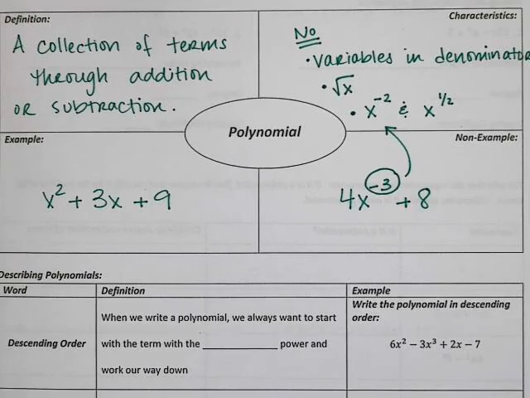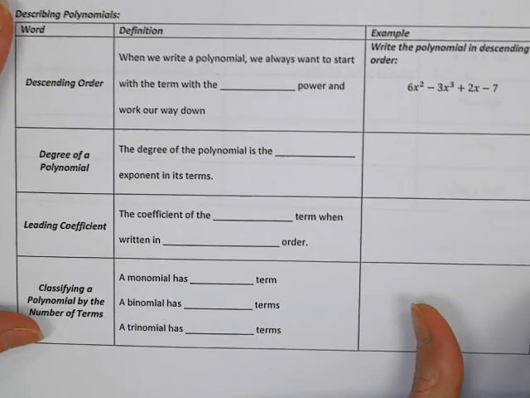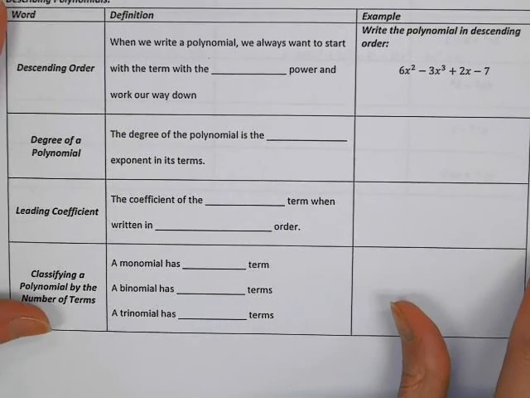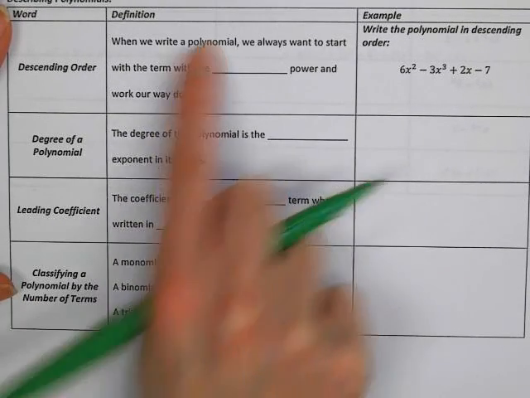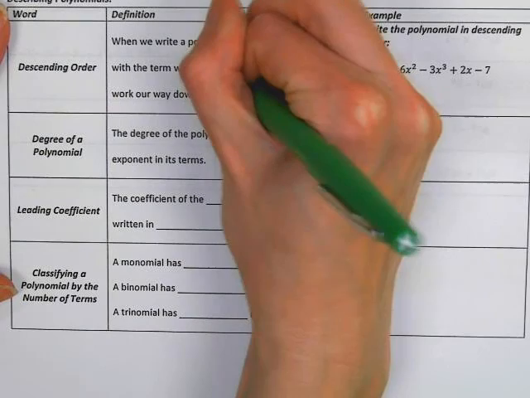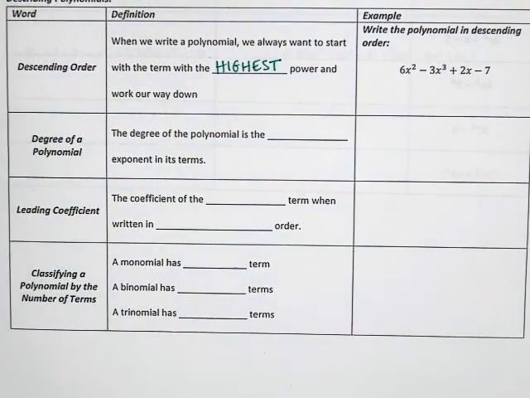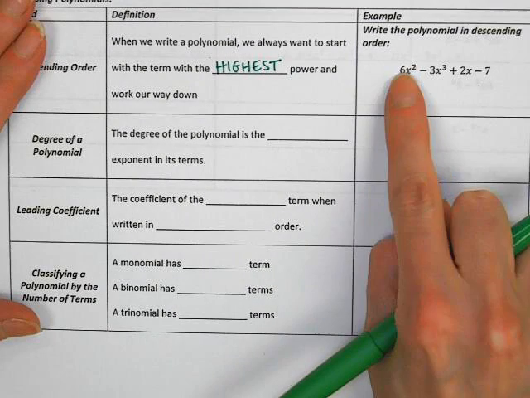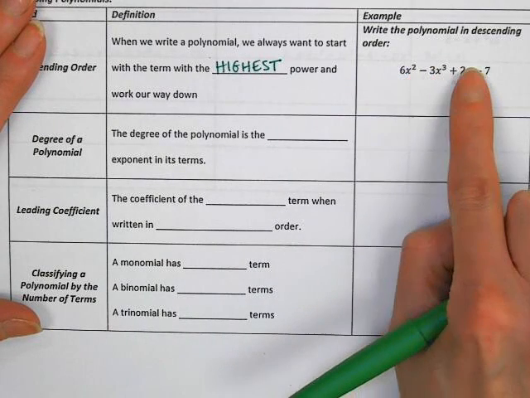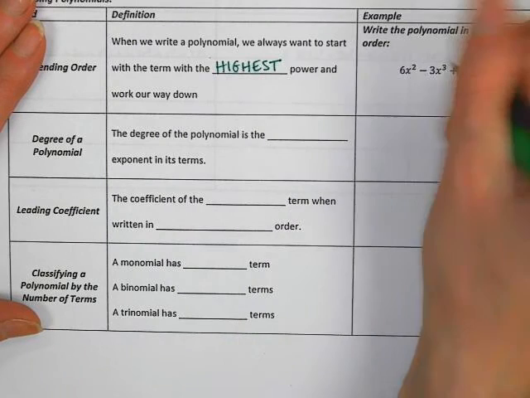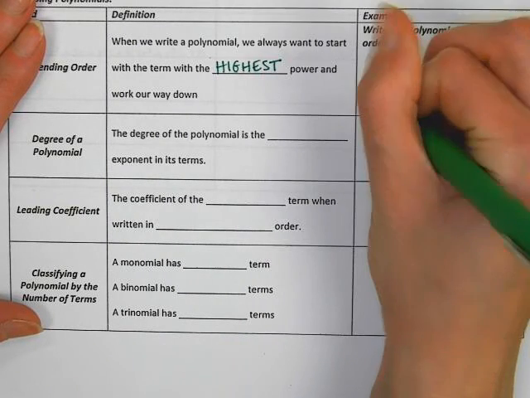Now the important stuff is what to do with polynomials. We're going to talk about a little bit of vocab here. Descending order is we always want the term with the highest power first, and we work our way down. You look through the powers. The powers are the exponents. You find the biggest exponent, and you write that entire term first.